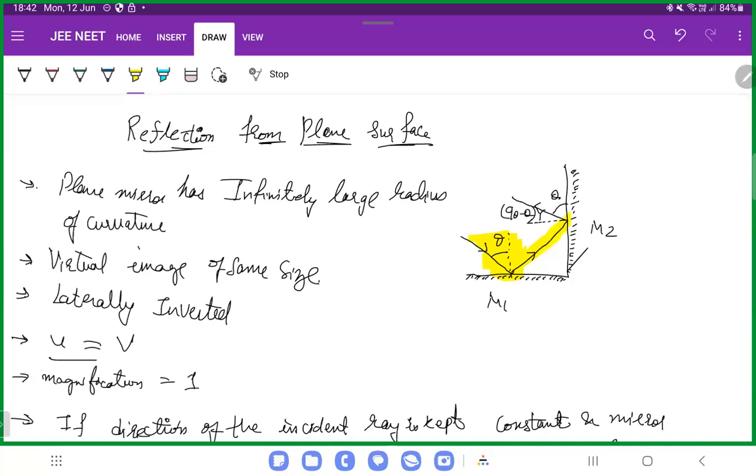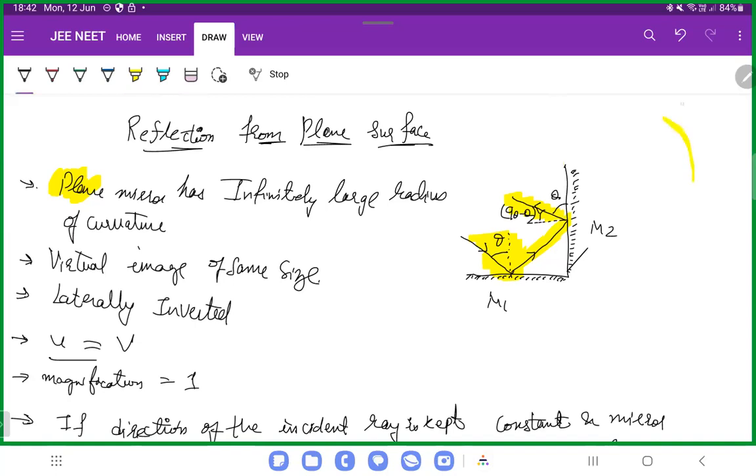There are two mirrors, which also make a similar angle theta, and the other angle is 90 minus theta, because the whole is 90, obviously. The 90 minus theta is the remainder from the normal. A plane mirror has an infinitely large radius of curvature. It's actually infinite, because if you want to make a circle, this straight line will never end.